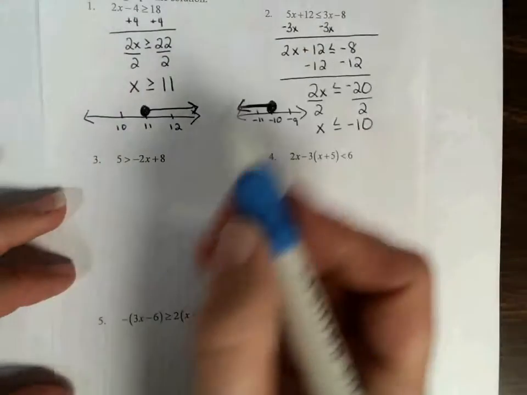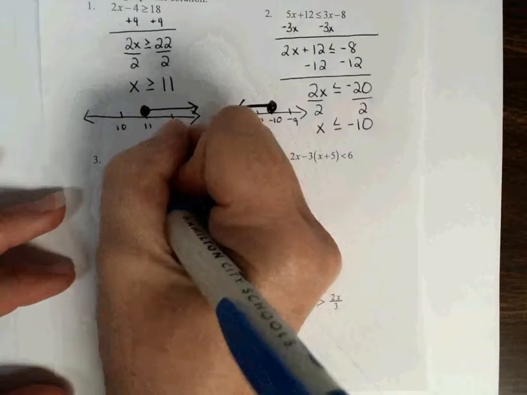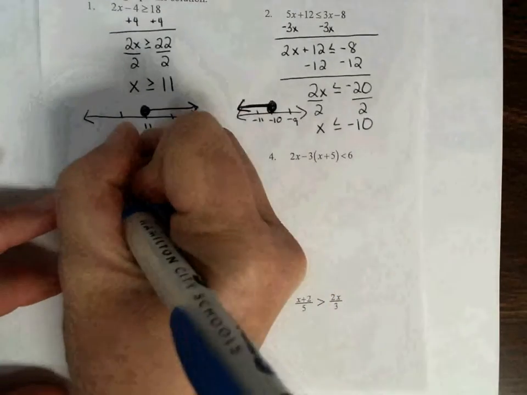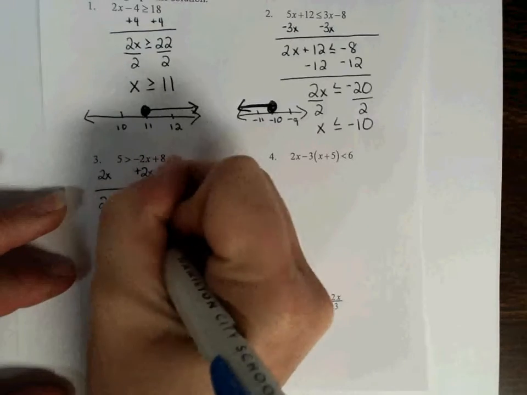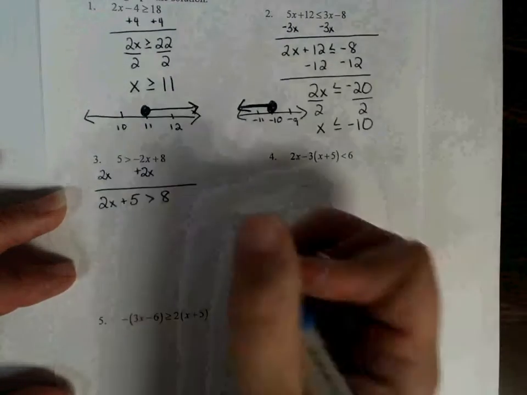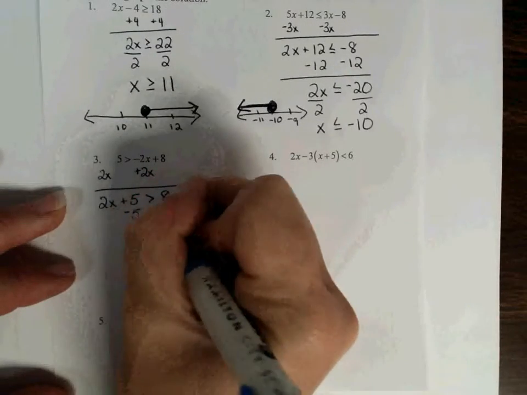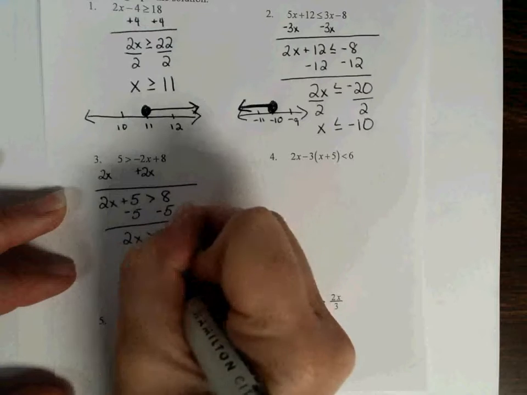Number 3, I'm going to go ahead and move the negative 2x to the other side. So I'm going to have 2x plus 5 is greater than 8. And now I'm going to subtract 5.